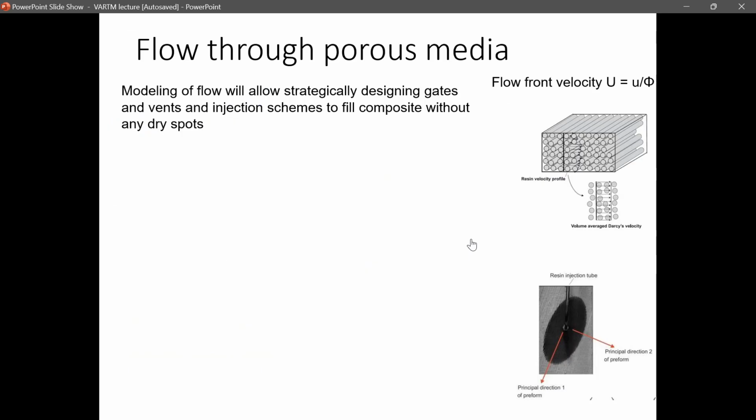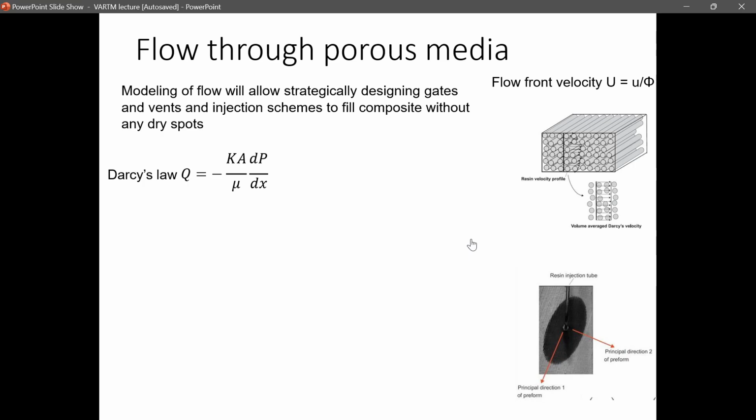So how do we do this? We have to go back to Darcy's law. I don't think you have seen Darcy's law in your fluid mechanics course, but if they did cover chapter 8 for you, which was the flow inside the pipe, you have seen something similar to it.